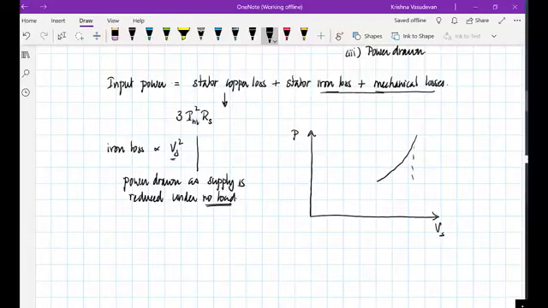Let us say this is the rated value of supply voltage, Vs rated. As you go on reducing, this input power drawn will also begin to reduce, mainly on account of the fact that iron loss is the one that is going to reduce. Since speed will not vary much, nothing much will happen to the mechanical losses.